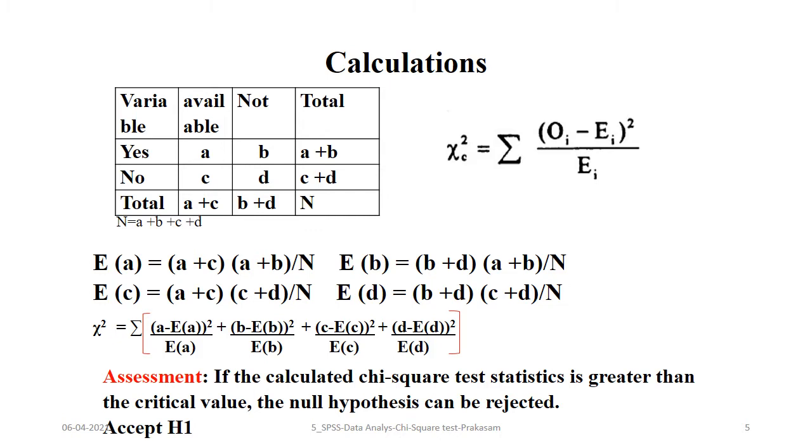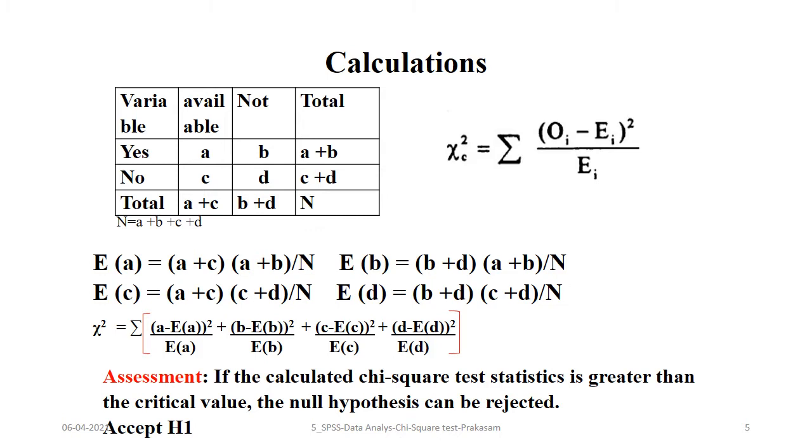Similarly, A plus C is the first column total, B plus D is the second column total, and capital N will give you the sum of A plus B plus C plus D. The expected value will be calculated as follows: the expected value of A equals A plus C multiplied by A plus B divided by capital N, that is the corresponding row total times the corresponding column total divided by the total observations, the total cell frequency.